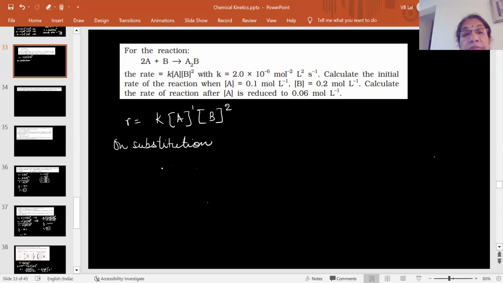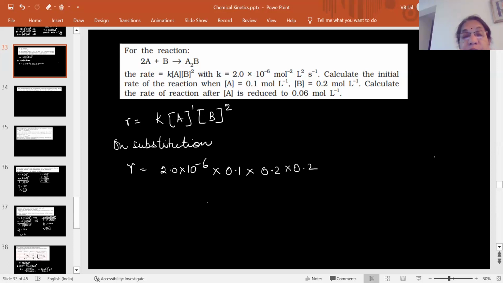I have to calculate the rate of reaction, so R is equal to K. What is the value of K? 2.0 into 10 raised to minus 6, into concentration of A, 0.1 mole per liter, into 0.2 into 0.2.